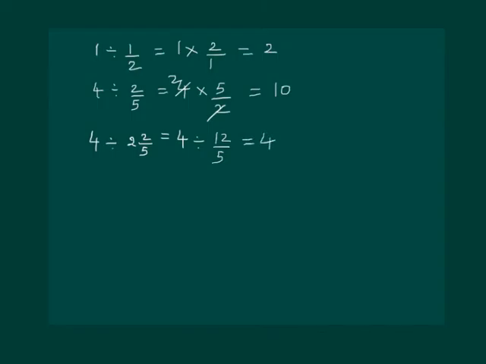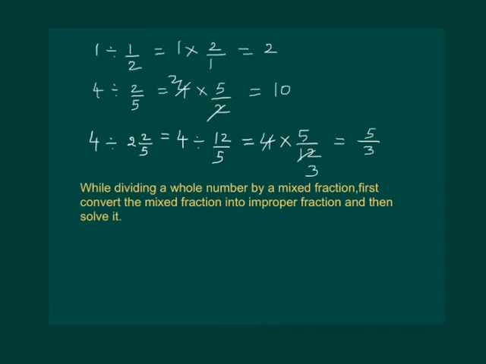Now multiply 4 with the reciprocal. At this stage we can simplify further. 4 times 3 is 12. So the final answer is 5 by 3. That means while dividing a whole number by a mixed fraction, first convert the mixed fraction into an improper fraction and then solve it.